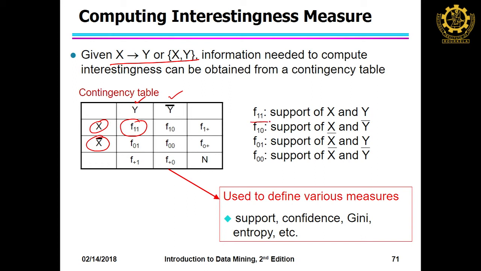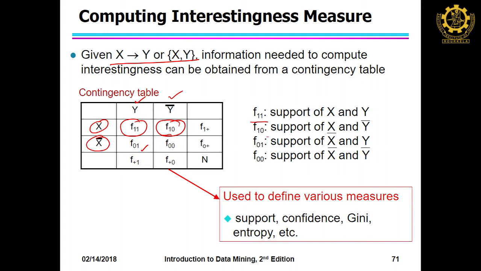So, F11 is the support of x and y, and F10 is the support of x and not y. That means x is present, but y is not there. How many times is that the case? That is F10, and then there is F01. What is F01? The support of not x and y. That means x is not there, only y is there.